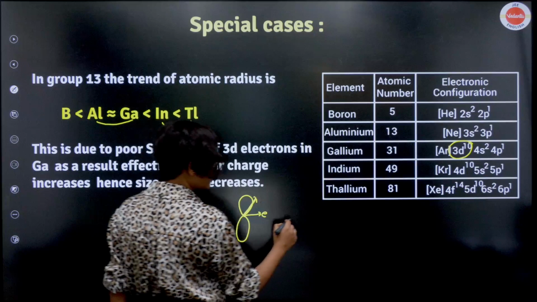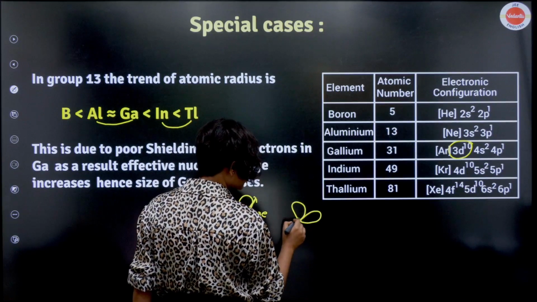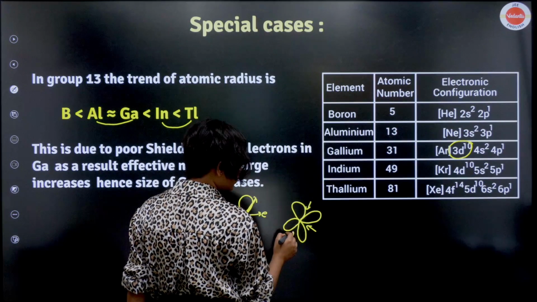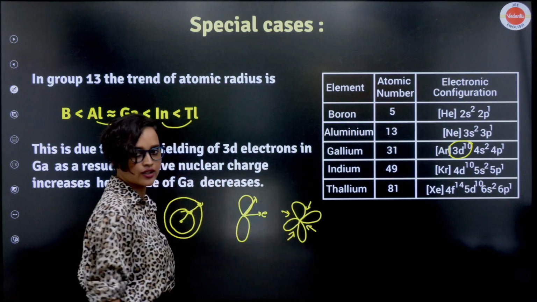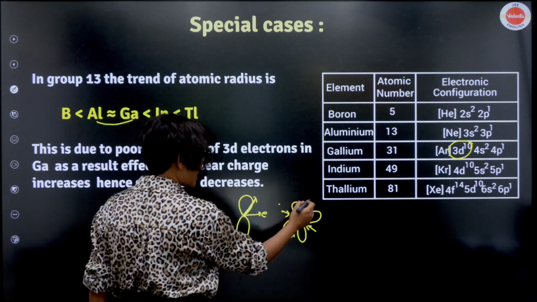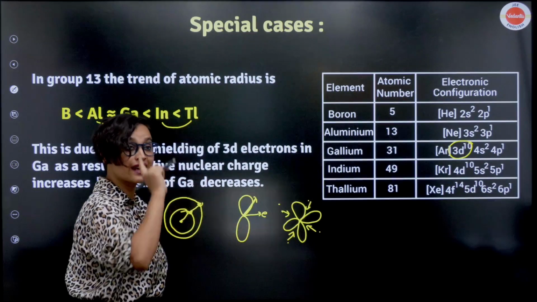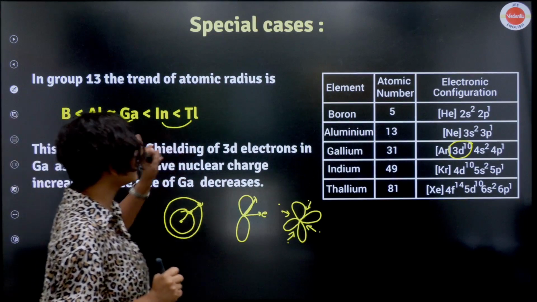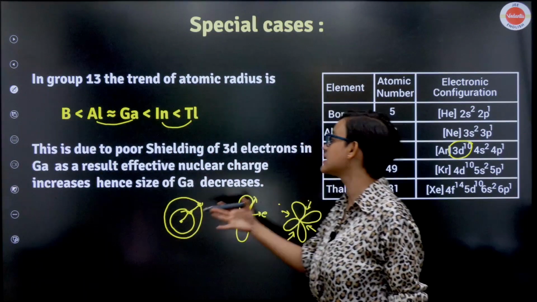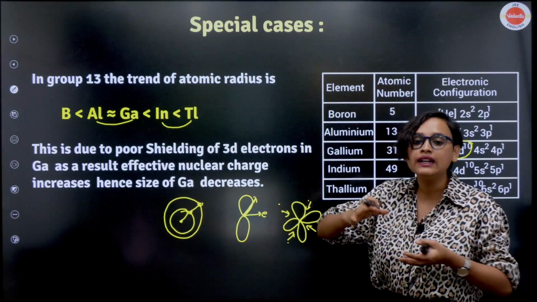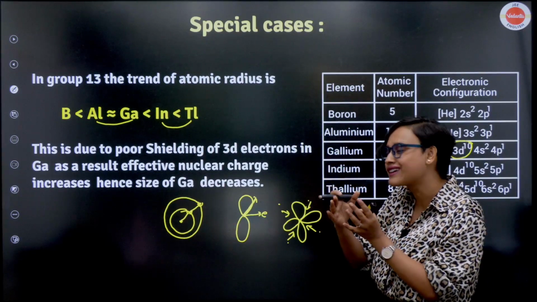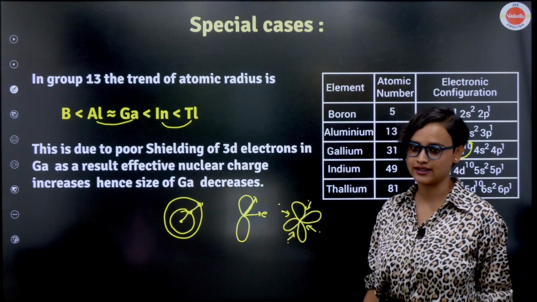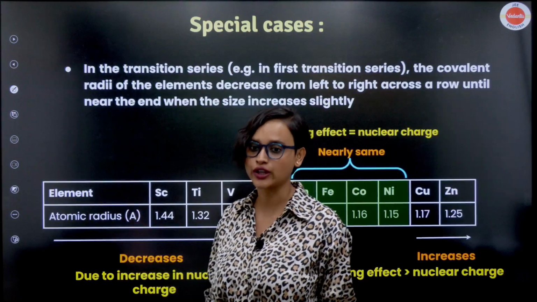Now the d orbital is double dumbbell, so there are more gaps from where the nucleus can look at the electron and pull it. So because of the poor shielding effect of 3d electrons, the effective nuclear charge of gallium increases, and gallium's size decreases. Got it? Alright guys, moving on.